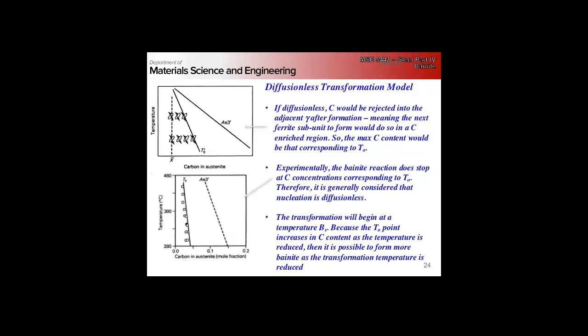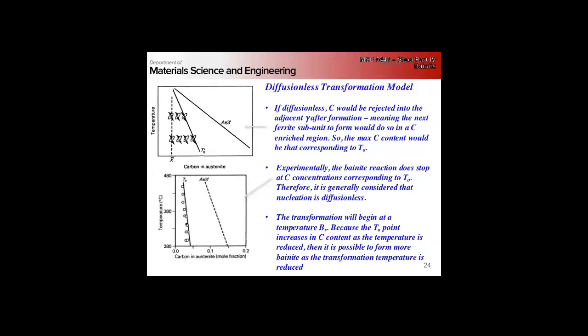So basically, what we can say is that there are diffusionless aspects to this. But we know carbon is diffusing out, and we know it's not instantaneous like martensite is.